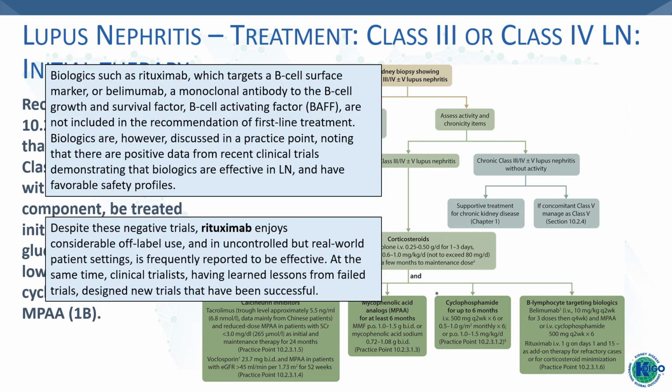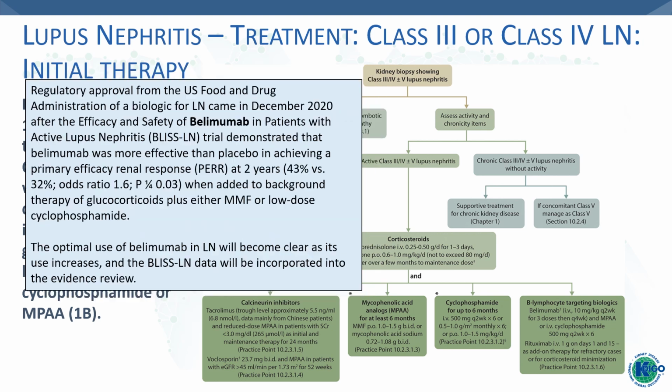Actually, the use of B cell targets, rituximab and belimumab, is an off-label use. It is not the first line recommendation. It is discussed in a practice point because of the positive data from recent trials demonstrating that these biologics are effective in lupus nephritis and have favorable safety profiles.